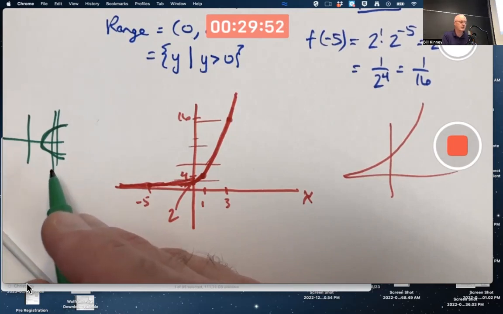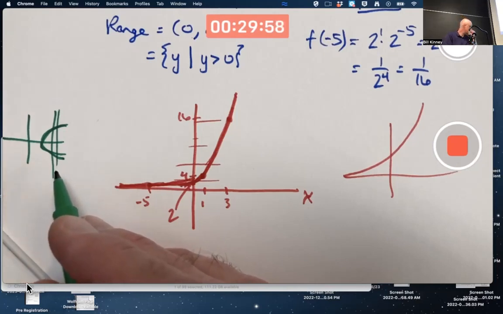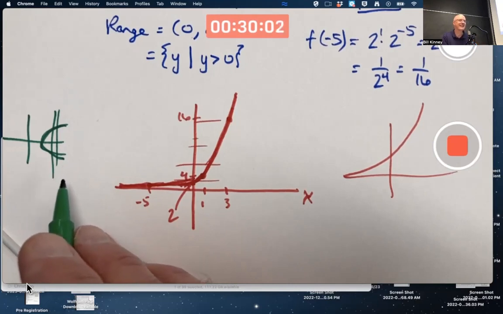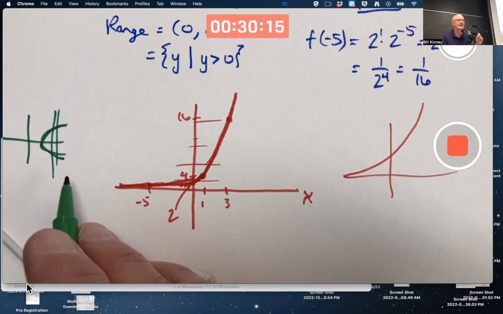And if you think of it in terms of y being determined by x, they're called relations. But they're not functions. Because for functions, any given input gives a unique output. Emphasis on the word unique.